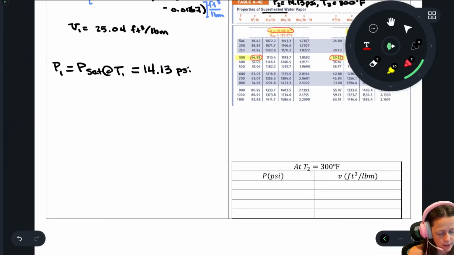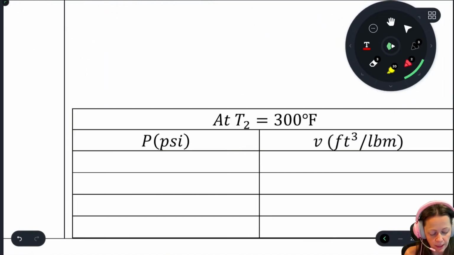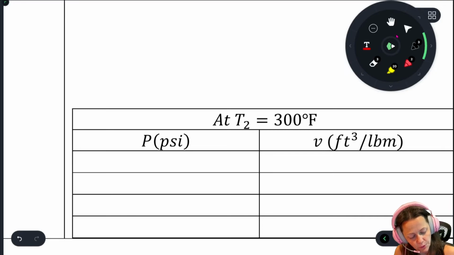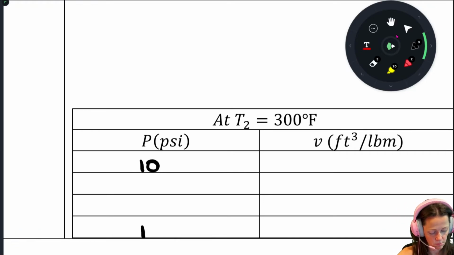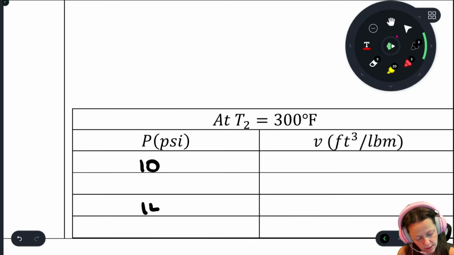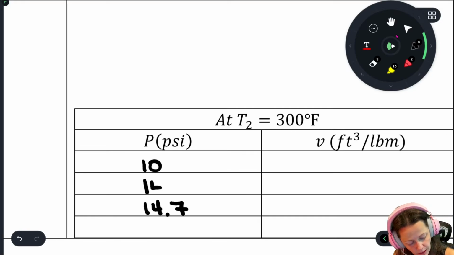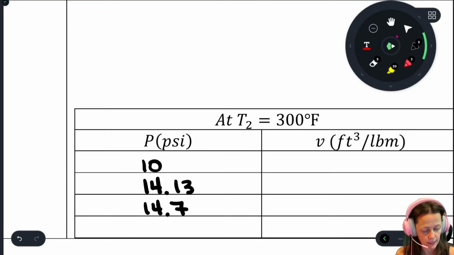All right, so at 300 psi, we had values for 10 psi and 14.7 psi, but I want my value at 14.13 psi.